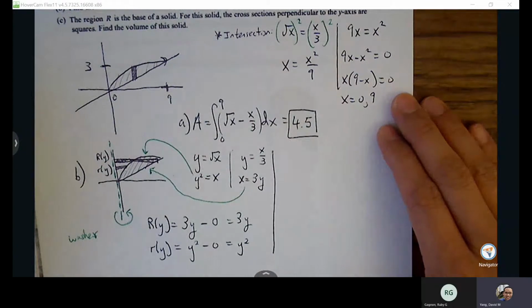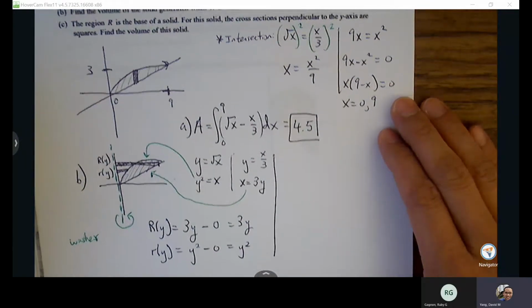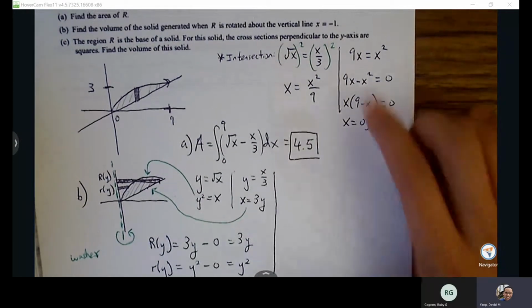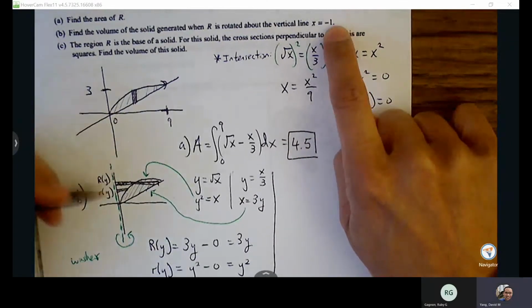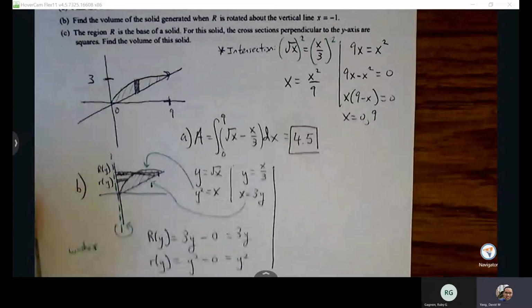Yeah, will the axis of revolution be x equals -1? Oh, my bad. I messed up. I thought it was at 0. My bad. Let me do that again.